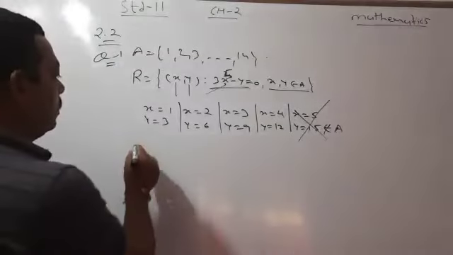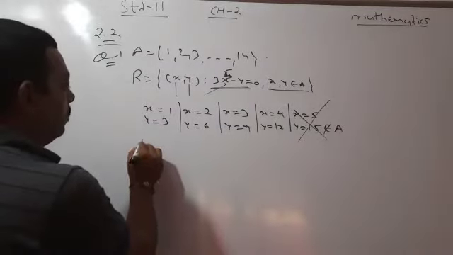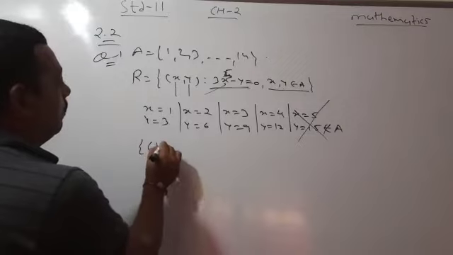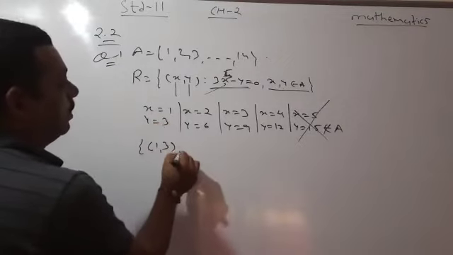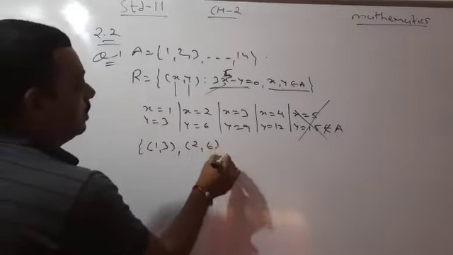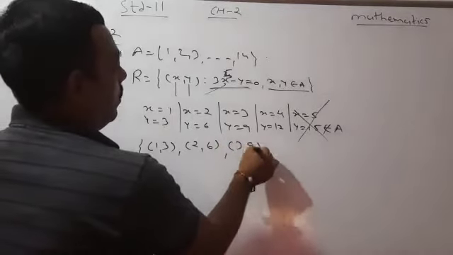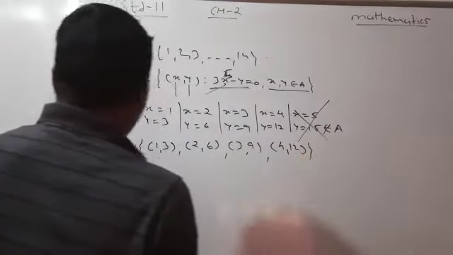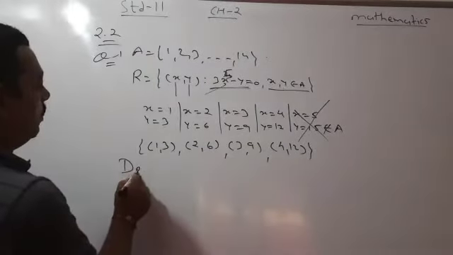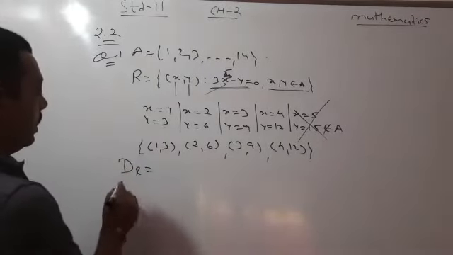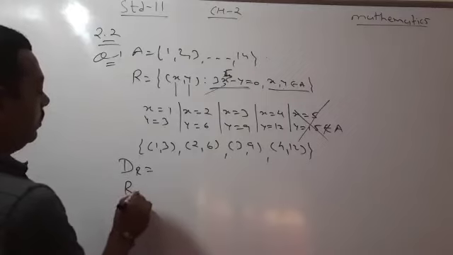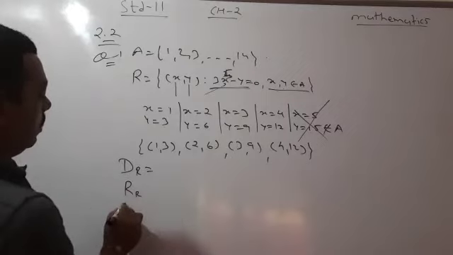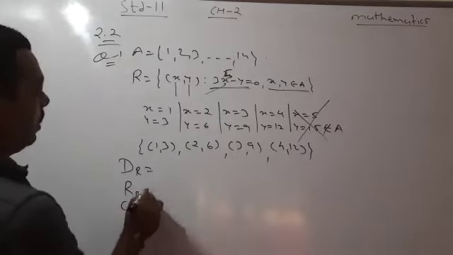So the only ordered pairs we have to write are (1, 3) as (x, y), second is (2, 6), third is (3, 9), and fourth is (4, 12). Now their question is the domain of this relation R, second is the range of relation R, and third is the codomain of R.